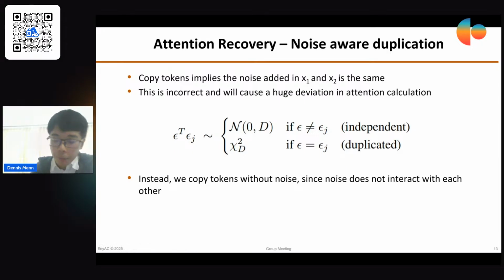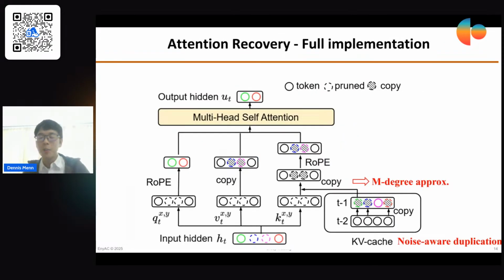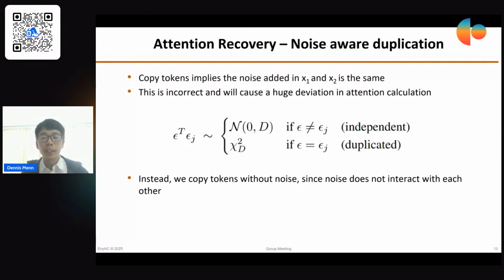And in our attention recovery, we directly use tokens without noise from KV cache, because KV cache in self-forcing model, they are clean, they do not have noise. And this is the full implementation. I will not jump into it. If you are interested, you can see the paper. But the main idea, I already explained it.